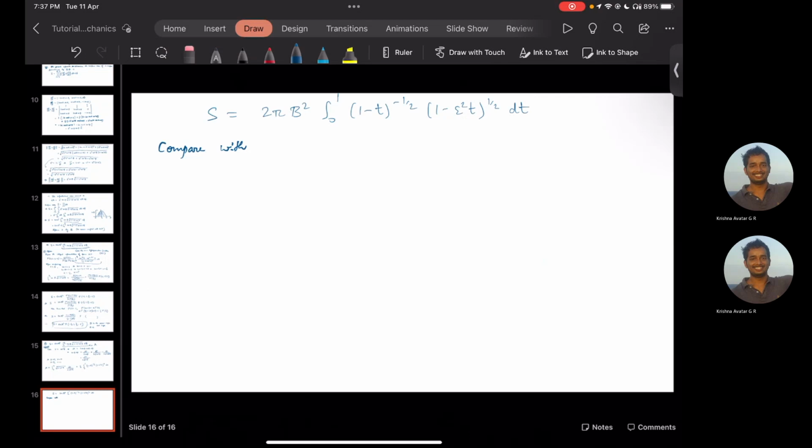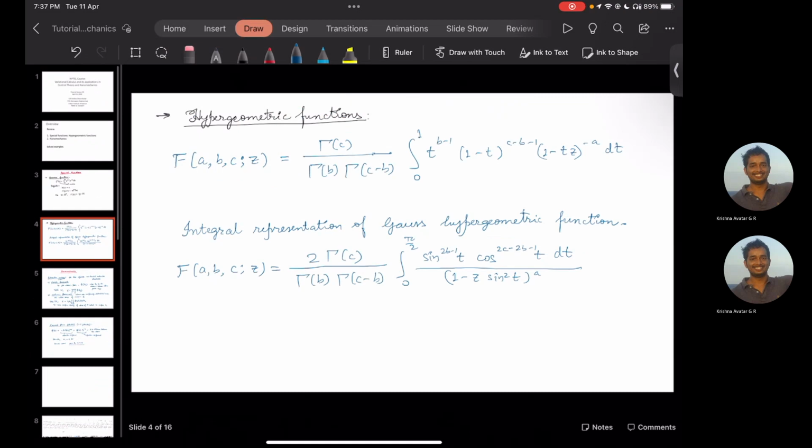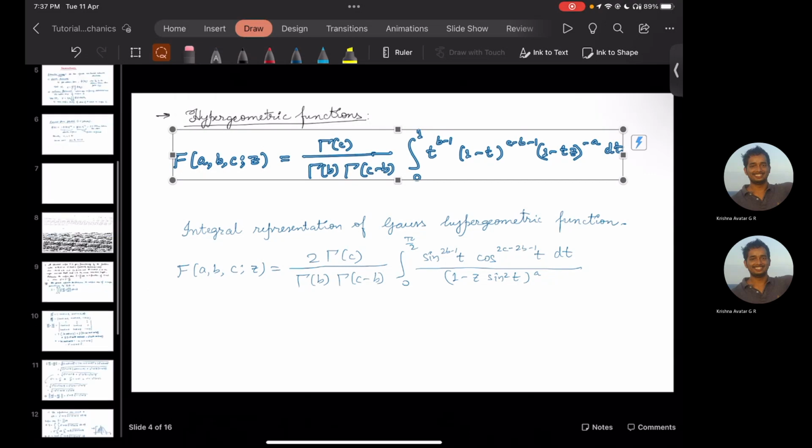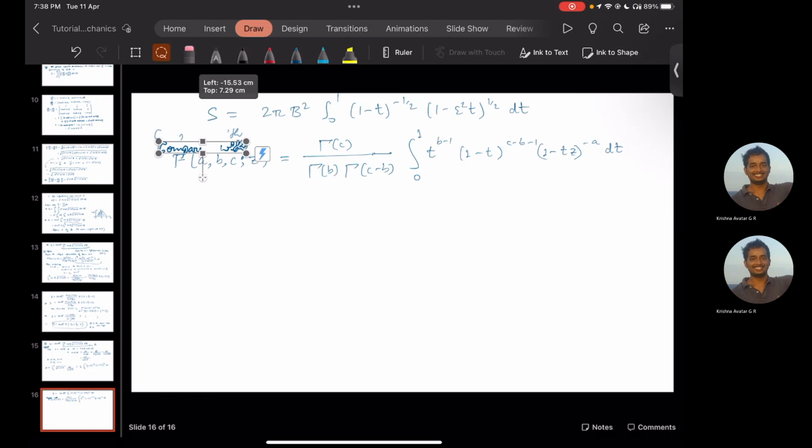We need to compare this with f of a, b, c, z is equal to, and what was the... Why don't I just copy from here? Copy, and then move this, paste.